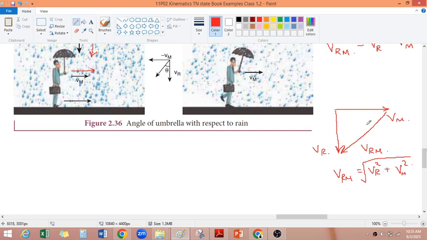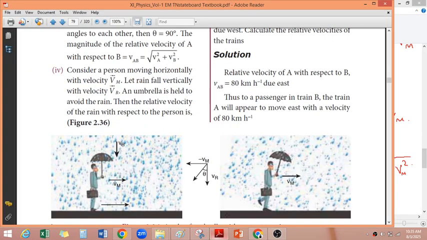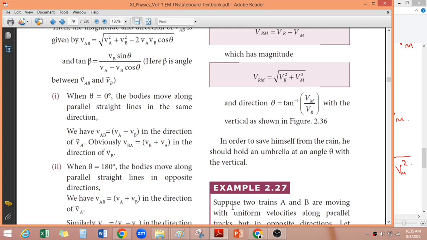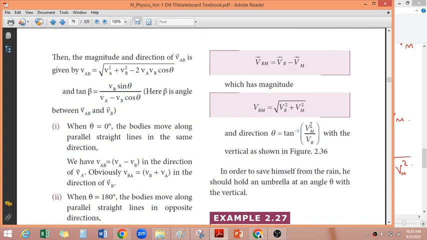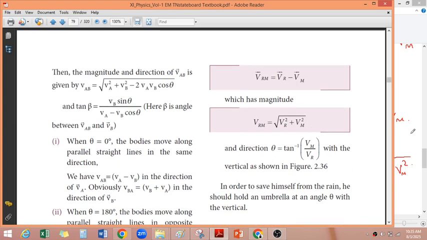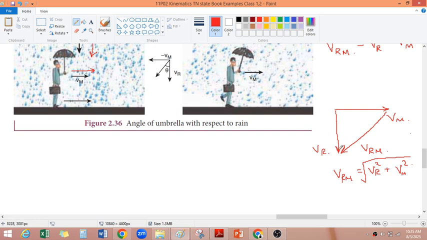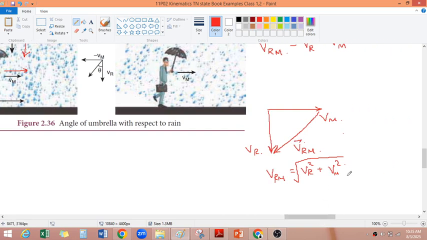If I want the angle, you can use the tan theta formula, which is Vr by Vm, the velocity of rain with respect to the velocity of man.